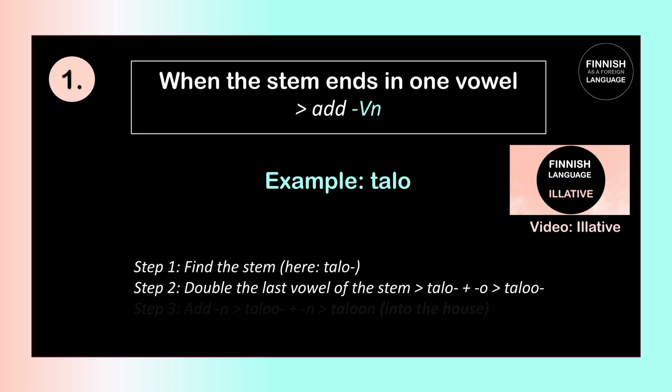Then in the second step, we have to double the last vowel of the stem, which is actually O. So that means we have talo plus O, and we get taloo. And then in our third and final step, we have to add N, which means we have taloo plus N, and we get taloon, which is the illative case of talo, and it means to or into the house. So here our illative ending is the vowel N ending.